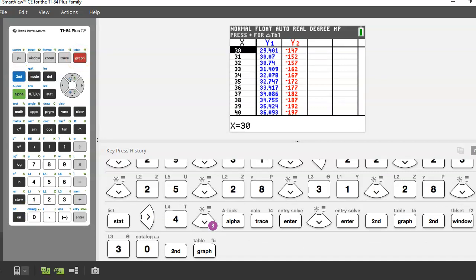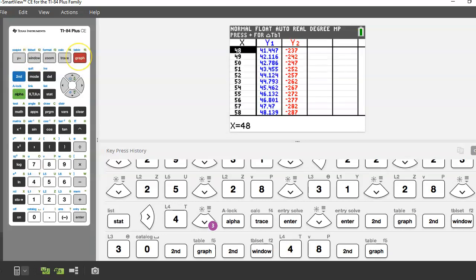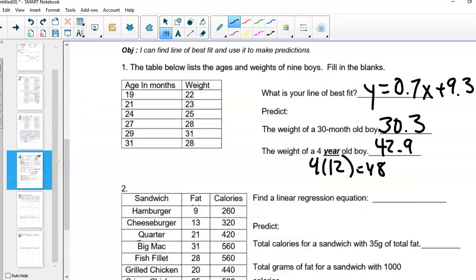Now these numbers are a little off because we changed the equation. We rounded it. And that's okay. If I went back in and changed it to exactly what we have on our paper, the answers would match. And you could do the same thing for the year. Go back to your table set, change that to 48, and go back to your table to find the other weight. I'm going to leave the answers as that because we rounded. But if you're using your calculator and your answers are a little different, that's okay.